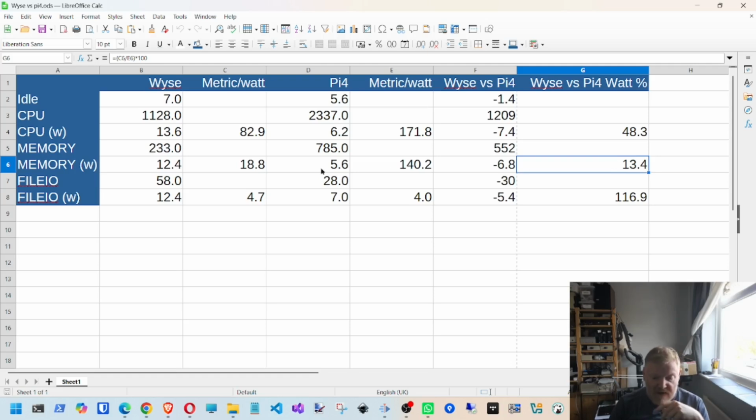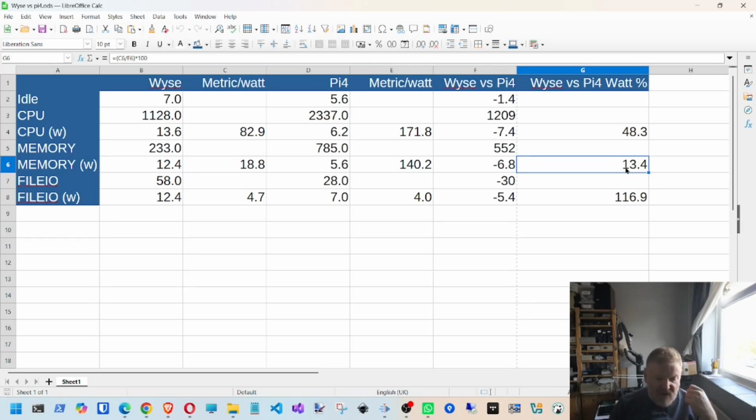So the amount of throughput is a stark difference. The Wyse is transferring sort of 233 meg a second, whereas the Pi 4 is 785, which is a lot higher, and the efficiency is massively better. It's more modern. The Wyse is DDR3, so it's a bit old school.